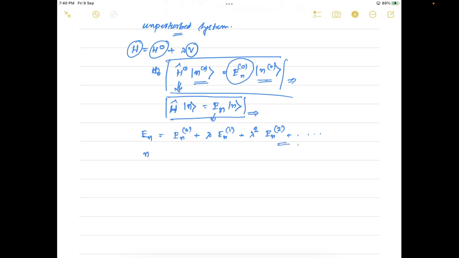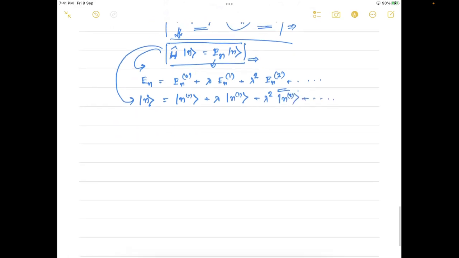Next we will also expand the eigenfunction with different orders of lambda. Lambda is the parameter and lambda is small for weak perturbation. So the first term will be the 0th order term, |n0> plus lambda times |n1> plus lambda squared times |n2>, like this. This is actually a Maclaurin series or Taylor series, you can call it.